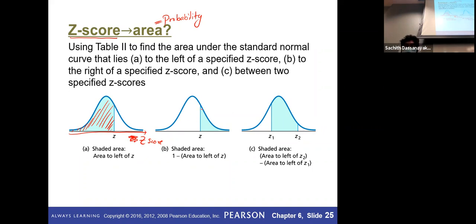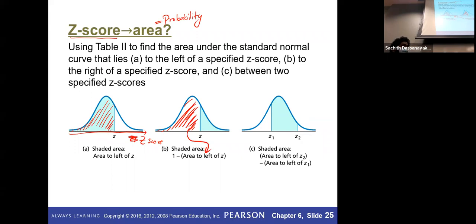In any case where you need to find the area greater than that particular Z value, you cannot find that area directly from the table. First you have to find the area up to Z, to the left of Z, then subtract it from 1. Why 1? Because the total is 1.